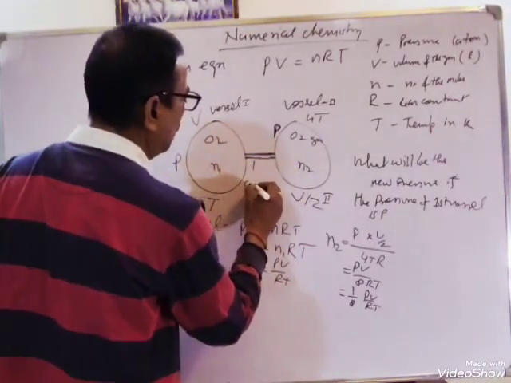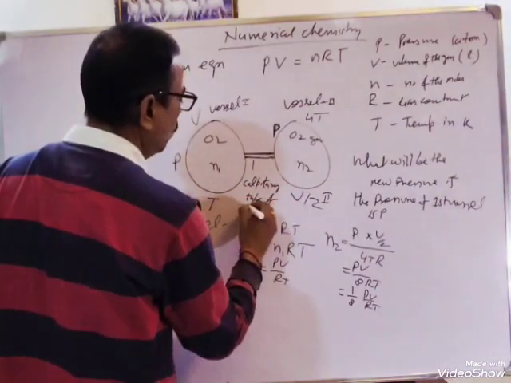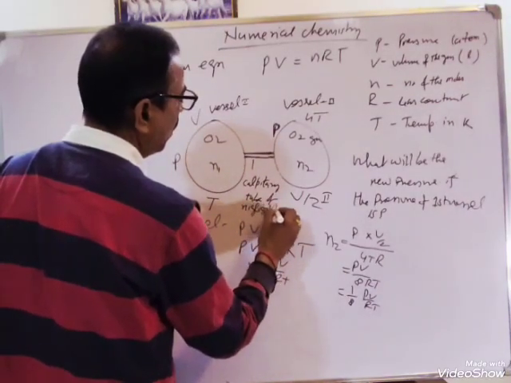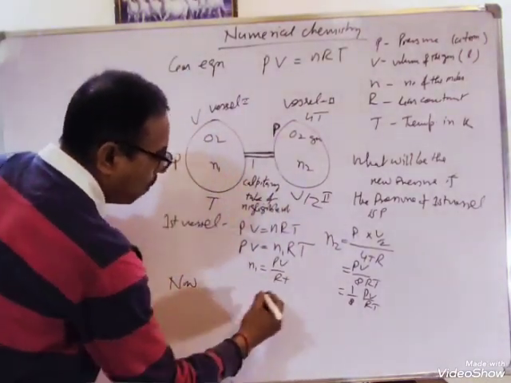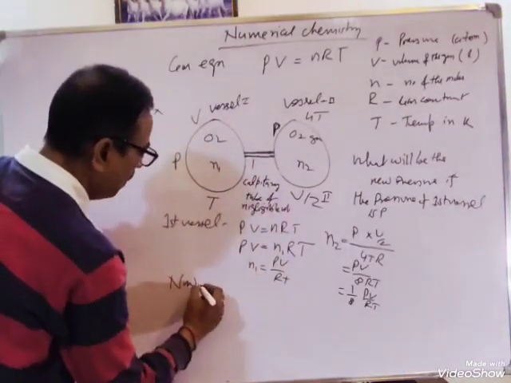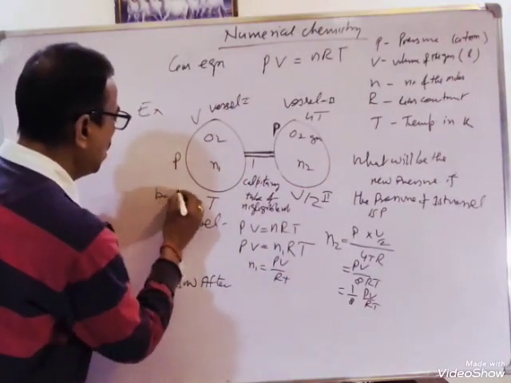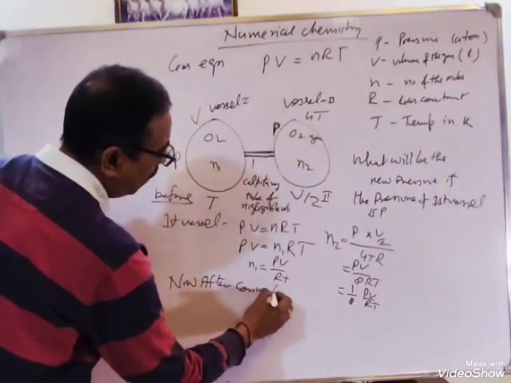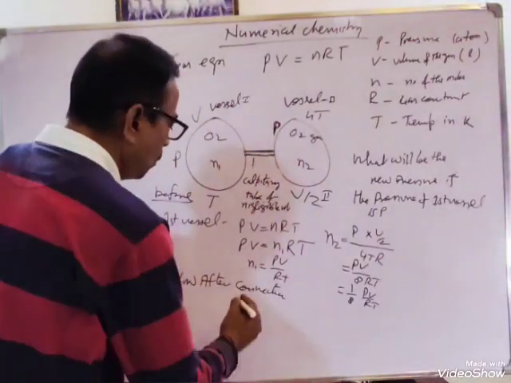This is the final condition, after connecting. The number of moles will be N1 plus N2.